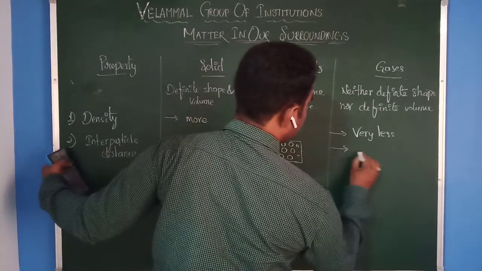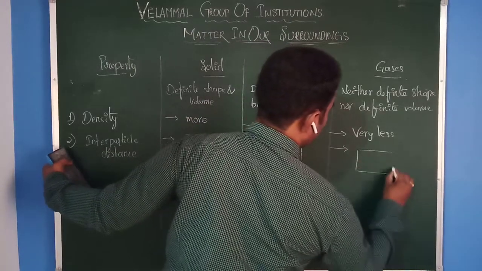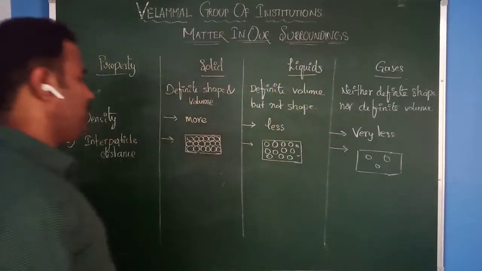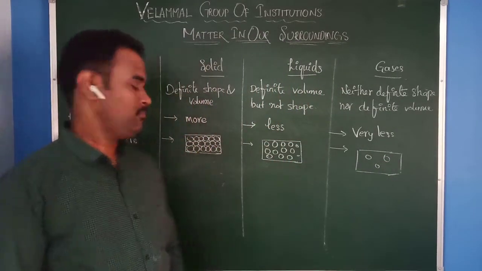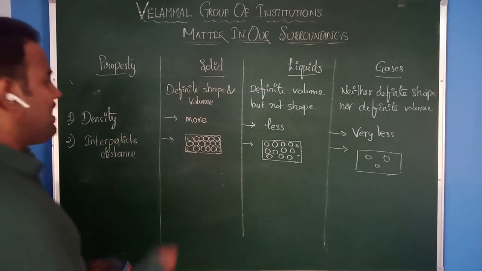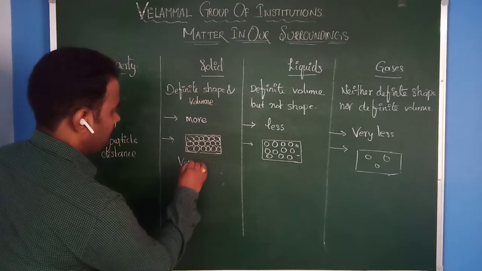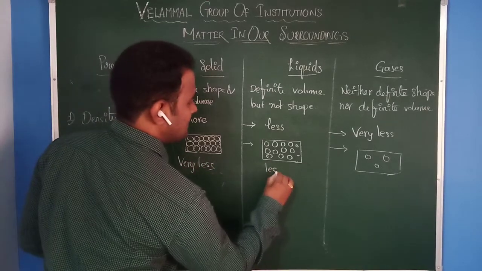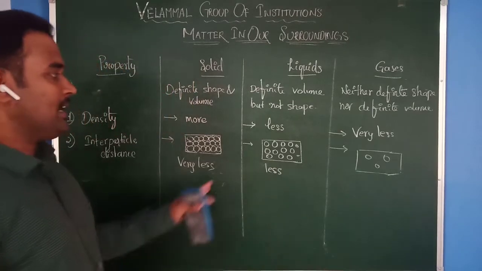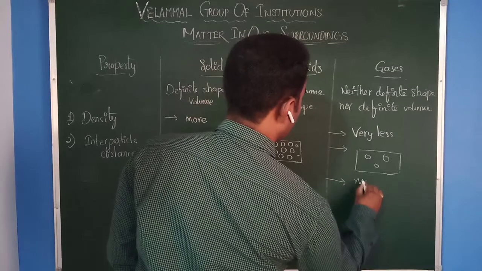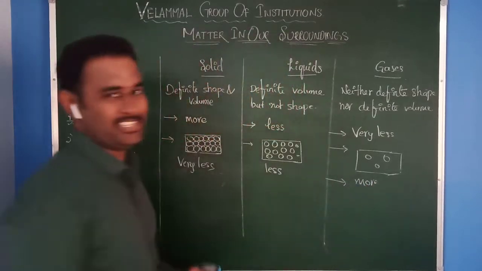In the case of the gaseous state, the arrangement is like this. When you observe these three cases, the interparticle distance is very less in the case of solids, more in the case of liquids, and most in the case of the gaseous state.